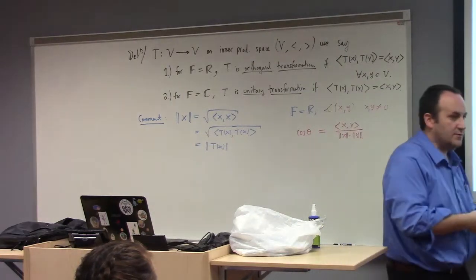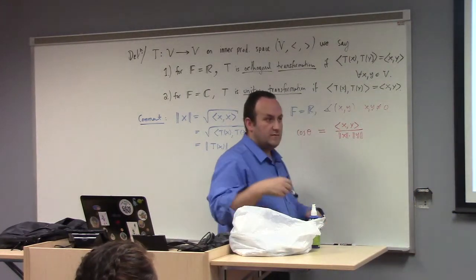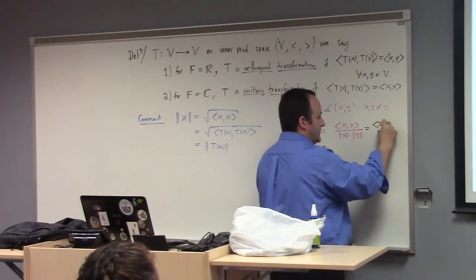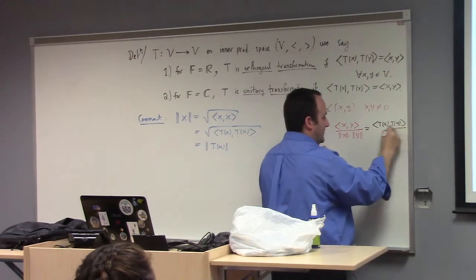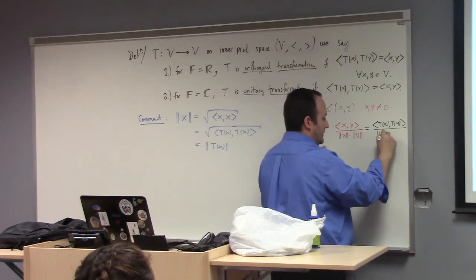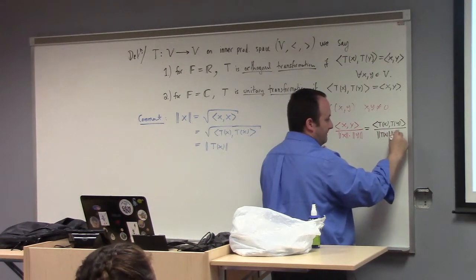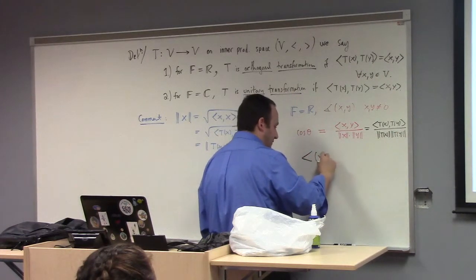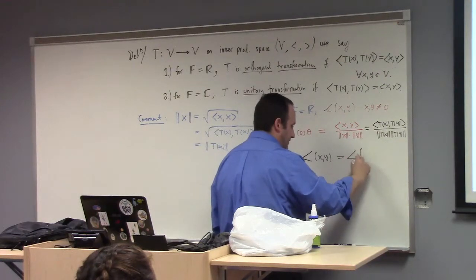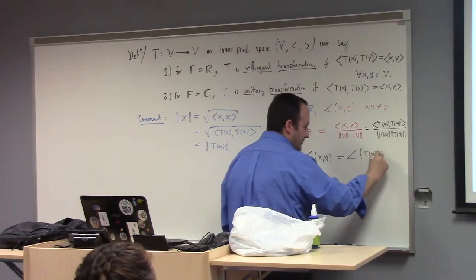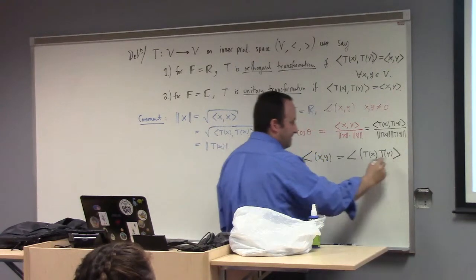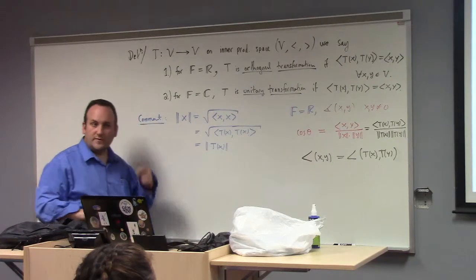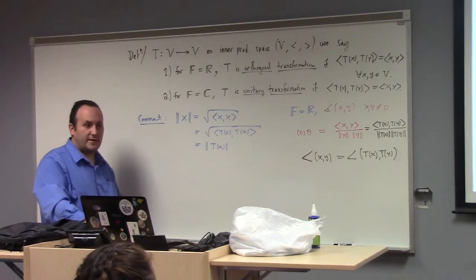So what's that equal to? For an orthogonal transformation, we can just as well write the inner product of T of x and T of y, divided by the length of T of x times the length of T of y. So that says that the angle between x and y is equal to the angle between T of x and T of y, because they both give the same cosine. Does that make sense? So the angle between vectors is also preserved by an orthogonal transformation.